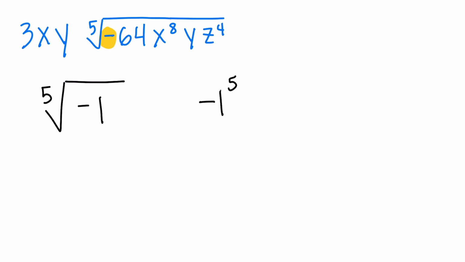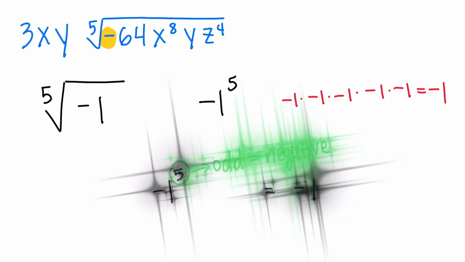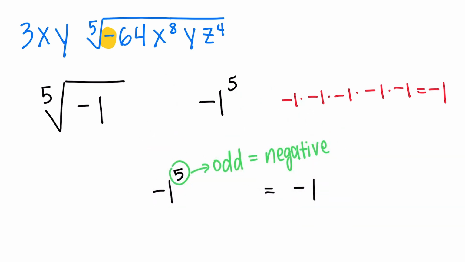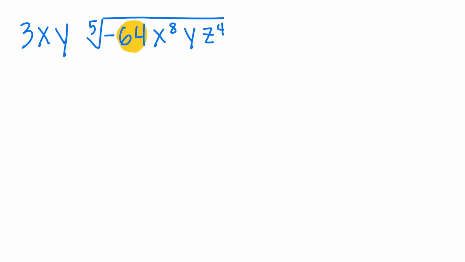So -1 to the power of 5 can be displayed as -1 times -1 times -1 times -1 times -1, which equals -1. But we could also realize that whenever you have a negative number raised to an odd integer, you are going to get a negative number. So you don't have to show all the negative ones multiplying themselves. That saves you work and time.